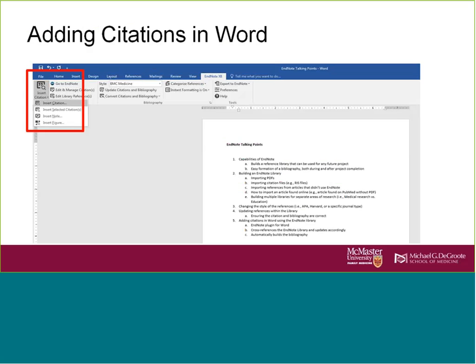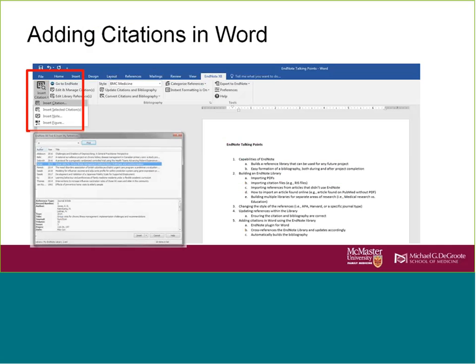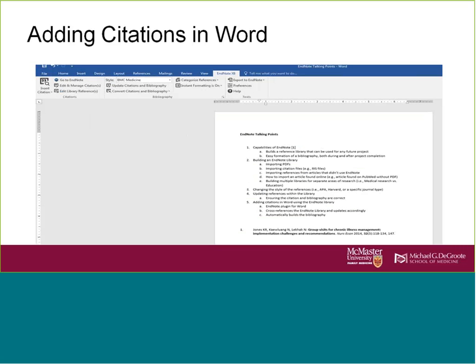Okay, so just a quick example. So in here, I insert citation. This box will come up. Search for a certain article in your library. Insert it. And so what it did, it inserted the citation there, and at the same time made the reference in the bibliography in a certain style.